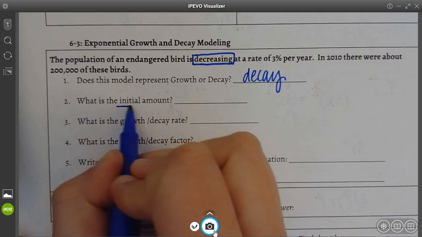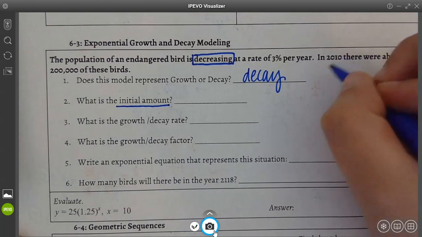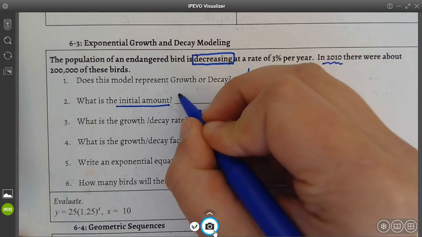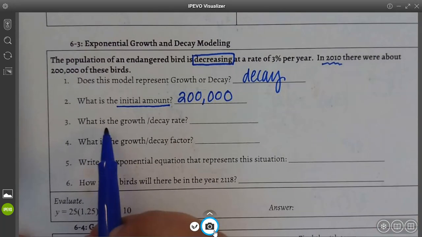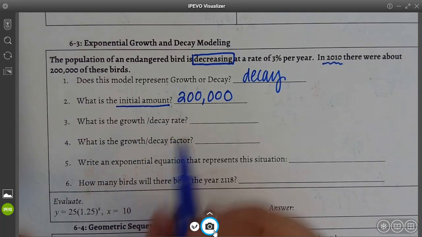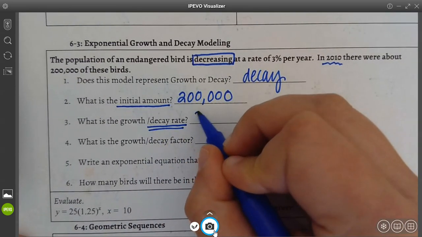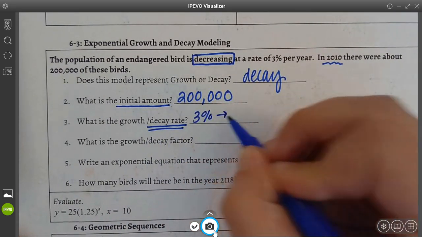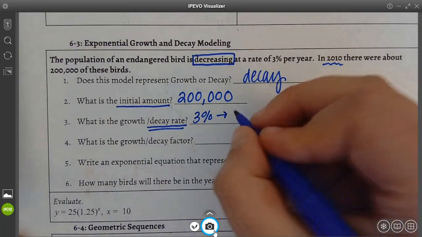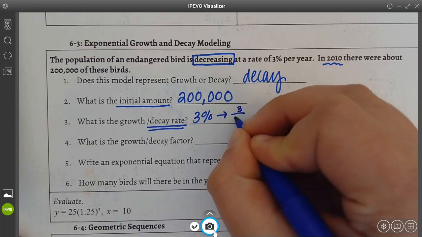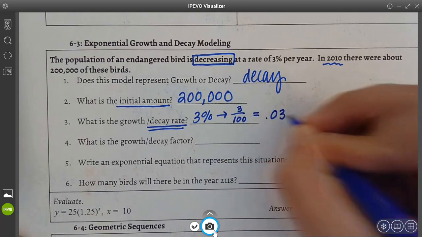What was the initial amount, the starting amount of these birds? I guess we're starting in 2010. There were 200,000. What is the growth/decay rate? Well, we know it's decay, right? Because they told us it's decreasing. This is 3%, but when we do 3% in an equation or a problem, we have to convert that into a decimal, which is the same thing as 3 divided by 100, which is 0.03.